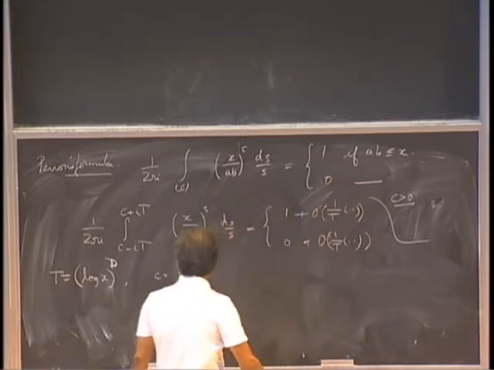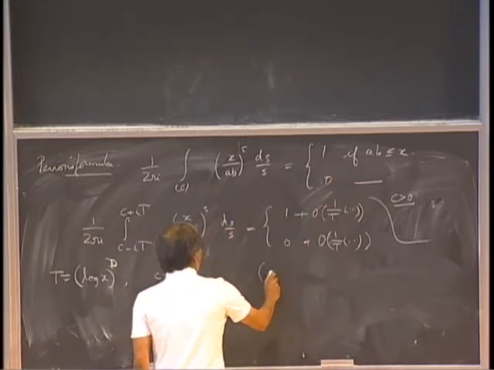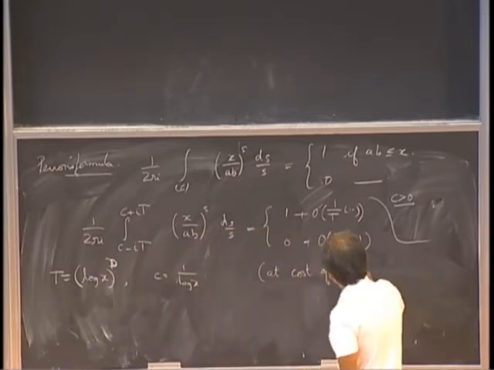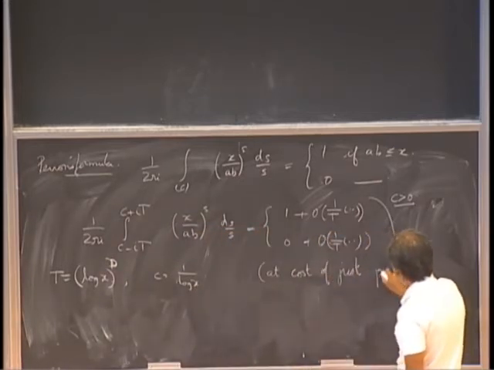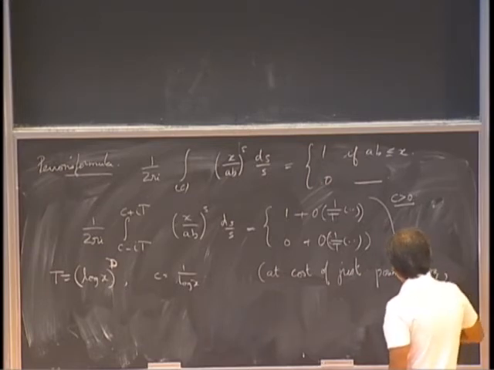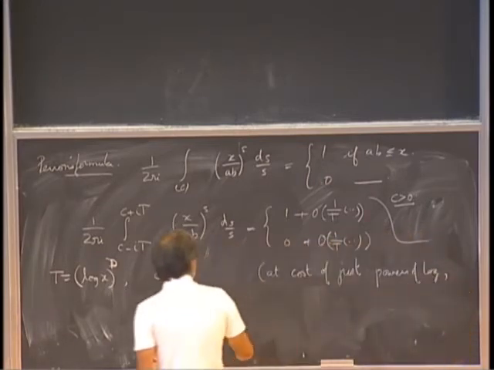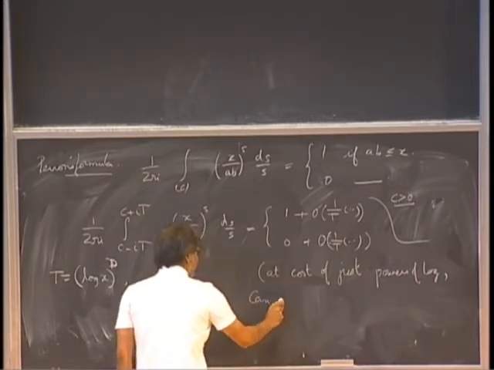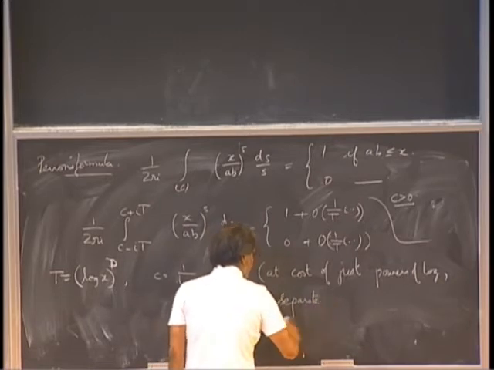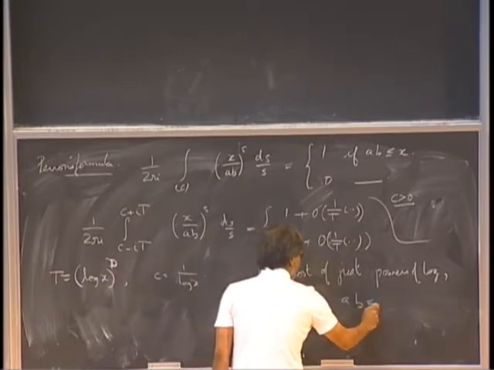So at the cost of just powers of log, I can distinguish AB less than or equal to x.